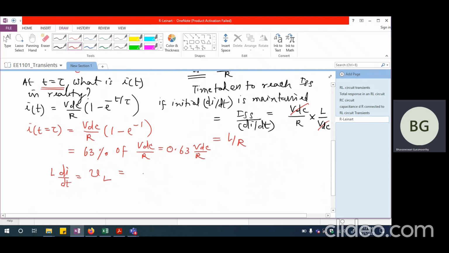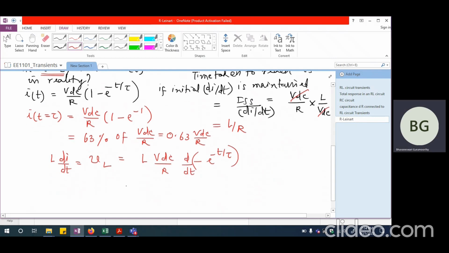So I should be able to write this as L multiplied by VDC by R. Okay. And I have to say, when I differentiate this, this is 0. So I should just write minus of e power minus t by tau. That has to be differentiated with respect to time. So this is going to be the value of VL.